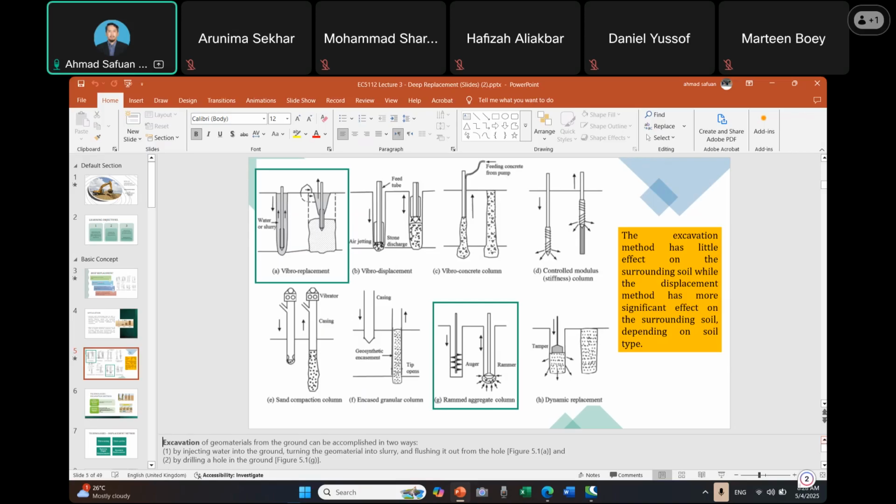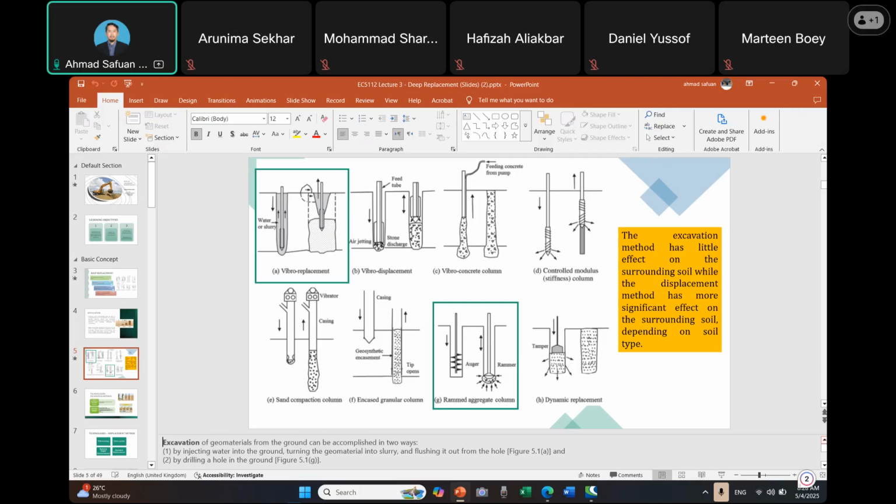Another method is by using an auger, which is a normal way to bore a hole inside the weak soil, and then replace it with aggregate columns by using a rammer. Rammer, like a hammer.